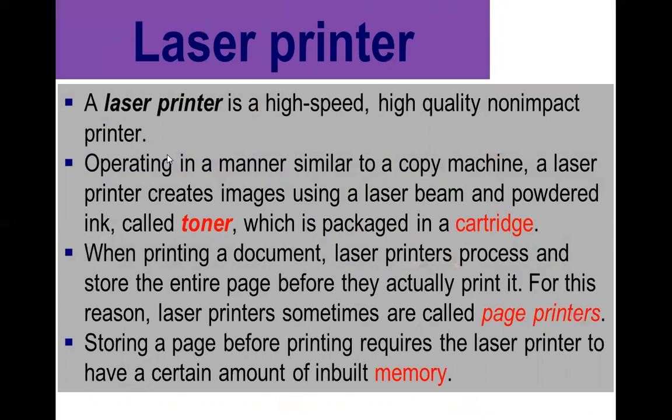So laser printers create images using a laser beam and powdered ink called toner. That powdered ink is called toner, which is packaged also in a cartridge. So that container that contains that powder is what you call the cartridge.